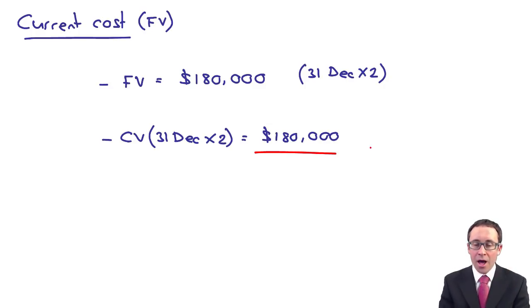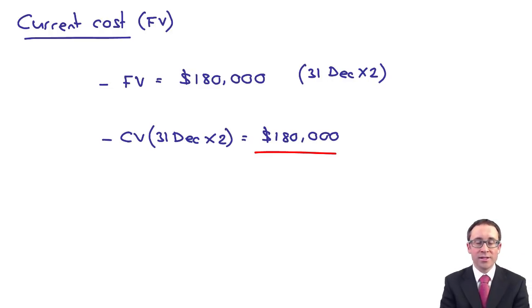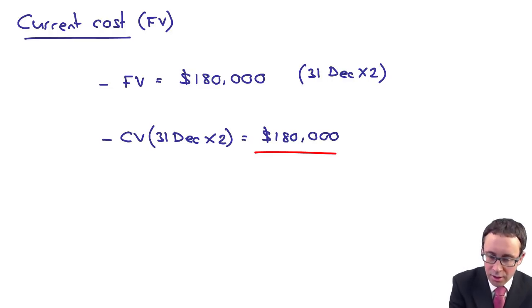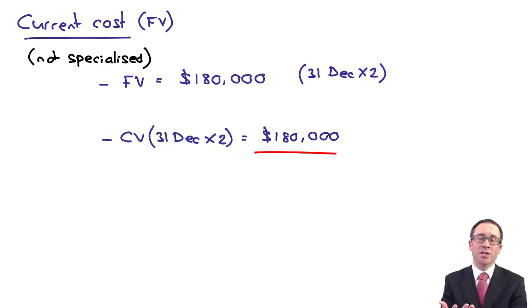Just note, when you're looking at this current cost and your revaluation, that's normally for an asset that is not specialised in nature. It's just a normal day-to-day asset in normal everyday use.